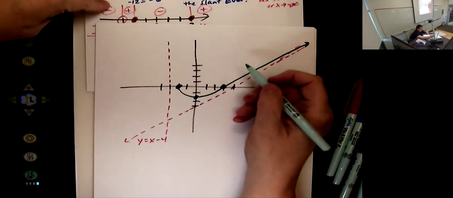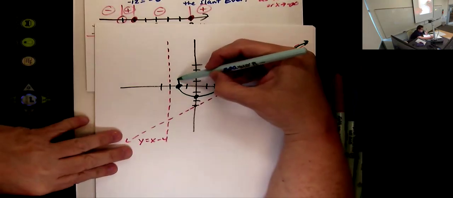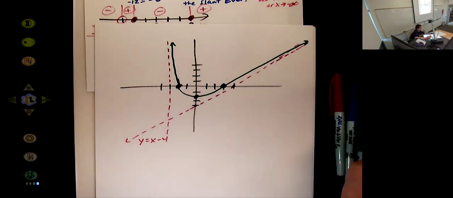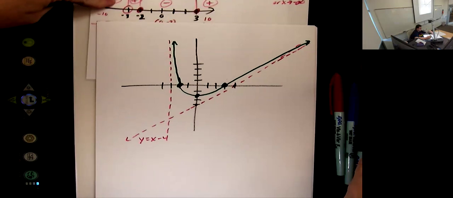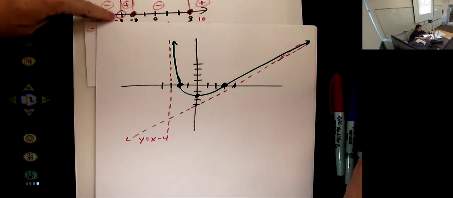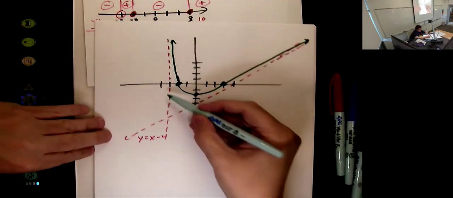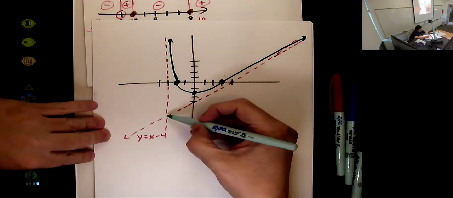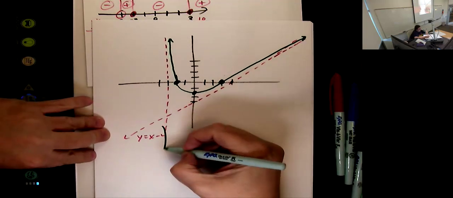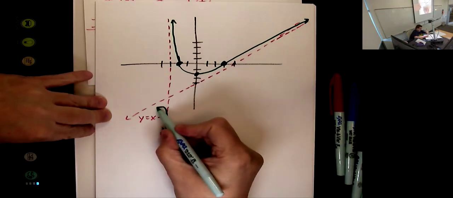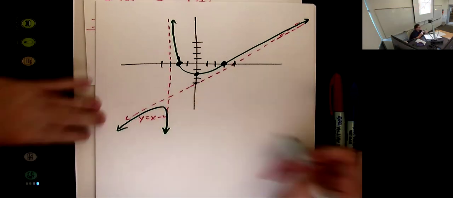Between -2 and -3, it was positive, which means it's got to be going up like that. And to the left of -3, it was always negative. So as it gets close to this asymptote, it's got to be negative, which means it's doing something like this. And then as it goes towards the slant asymptote, we know it never crosses, it does something like that.